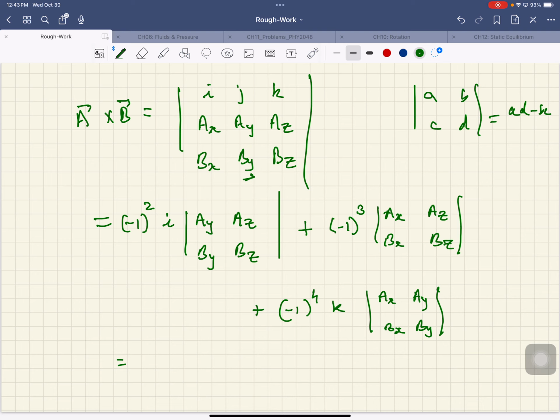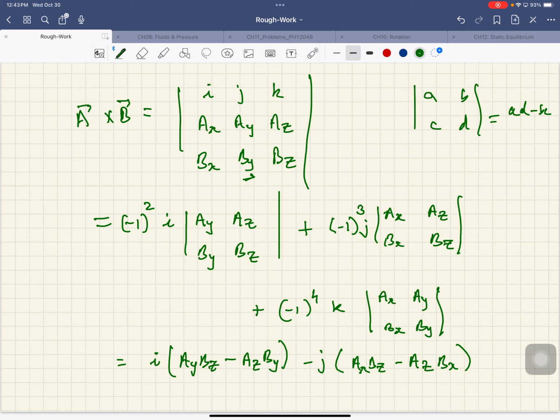So this is i times (AY BZ minus AZ BY). The second term is minus 1, and there's minus j times (AX BZ minus AZ BX).